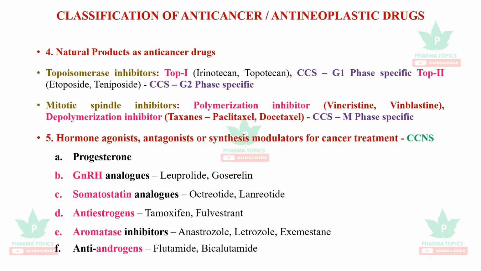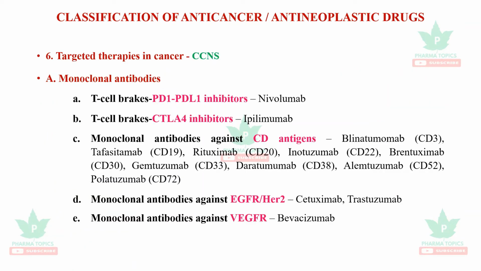They are cell cycle non-specific. They are progesterone, gonadotropin releasing hormone analogs, leuprolide, goserelin, somatostatin analogs, octreotide, lanreotide, antiestrogens, tamoxifen, fulvestrant, aromatase inhibitors, anastrozole, letrozole, exemestane, antiandrogens, flutamide, bicalutamide.